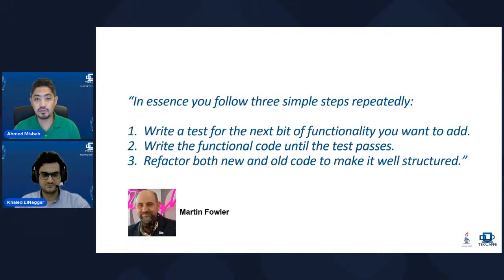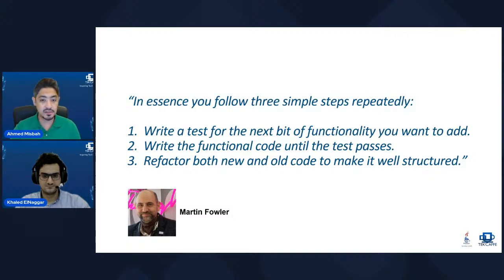Then you refactor both new and old code to make it well structured. So basically, write a failing test, write just enough code to make the test pass, and then refactor the code you've written and any other code you see in order to commit it in a better form into source control.